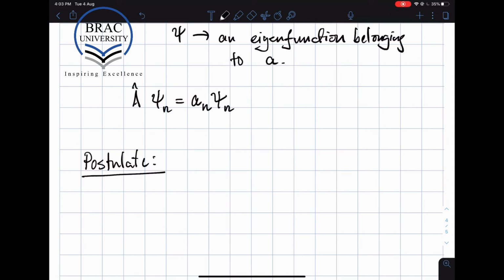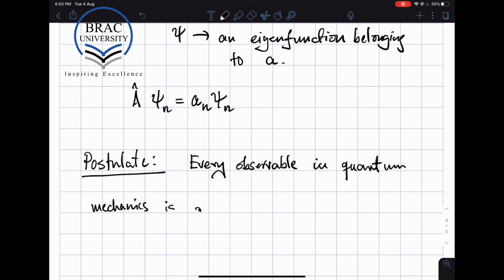The postulate is that every observable in quantum mechanics is represented by a self-adjoint operator.